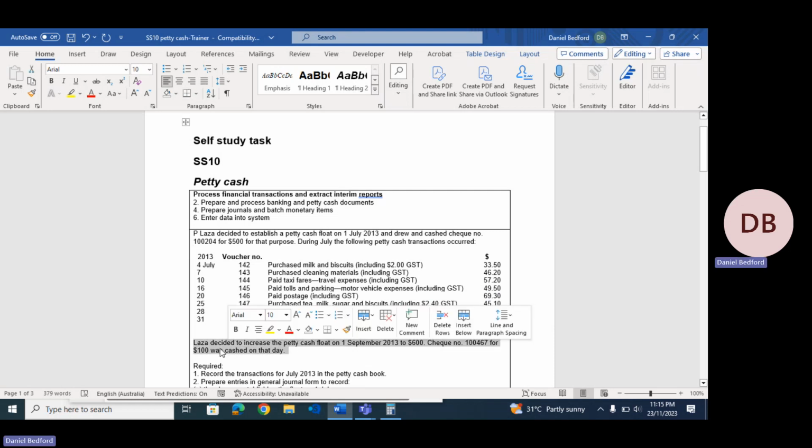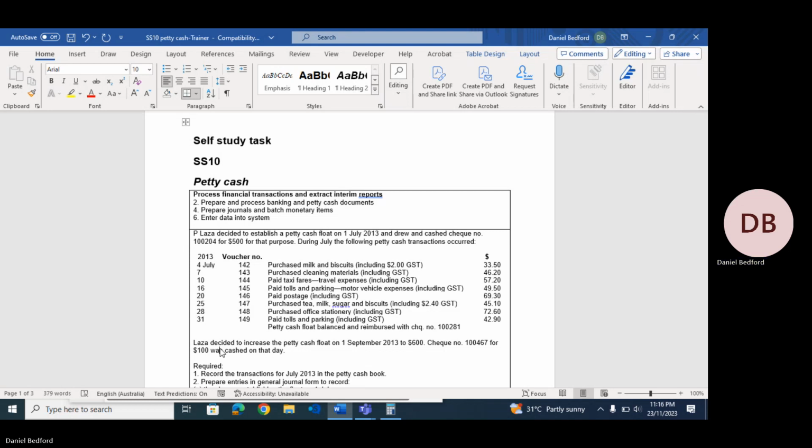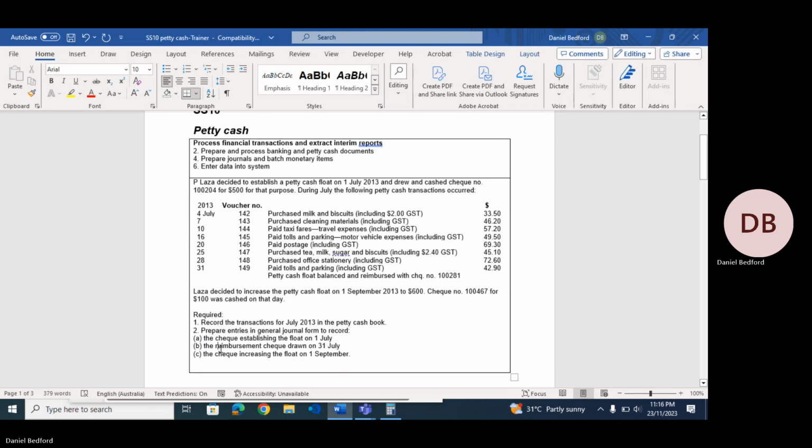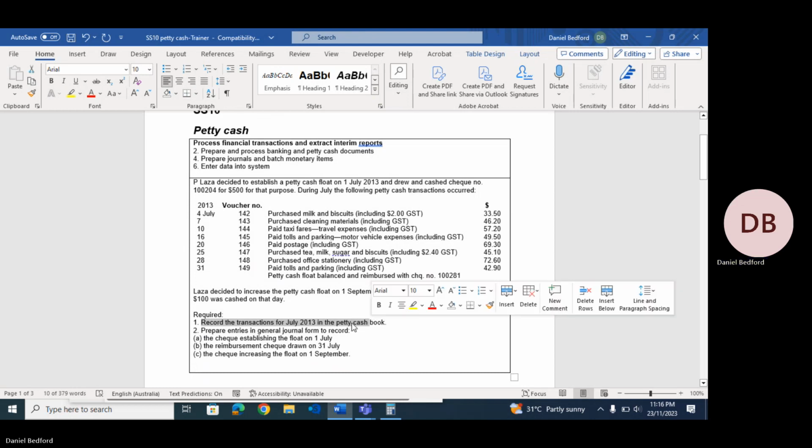Now there's another item here, which says that Laza decided to increase the petty cash float on the 1st of September to $600. Now that's a different scenario, but we're going to cover that as well. Based on this information, we're going to complete the petty cash book first, which is on the next page.